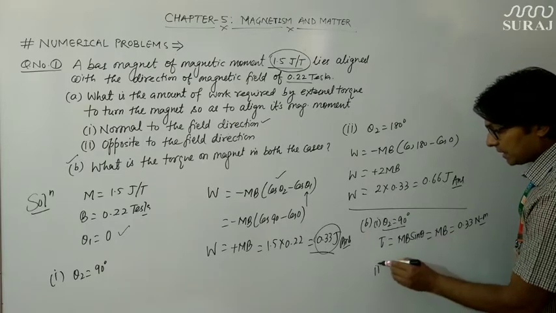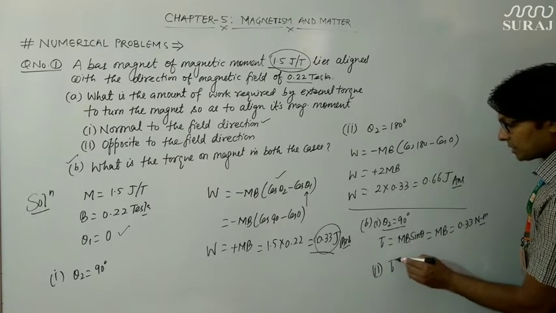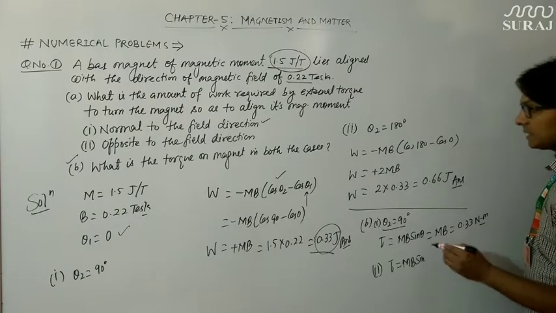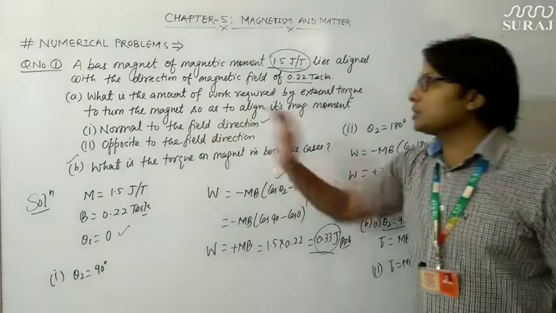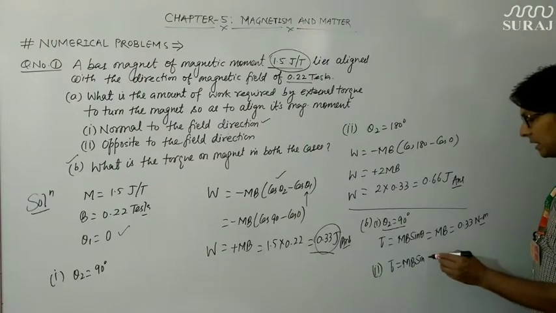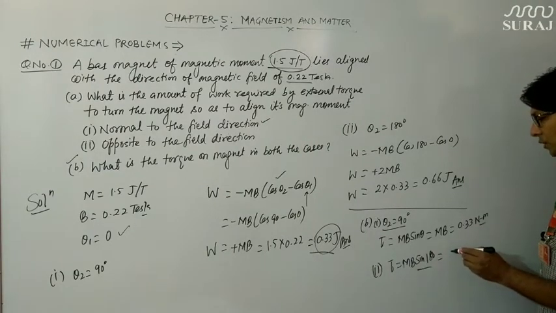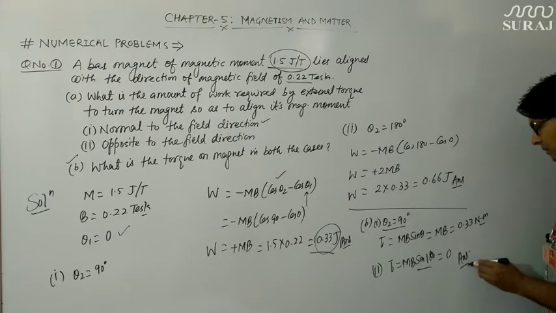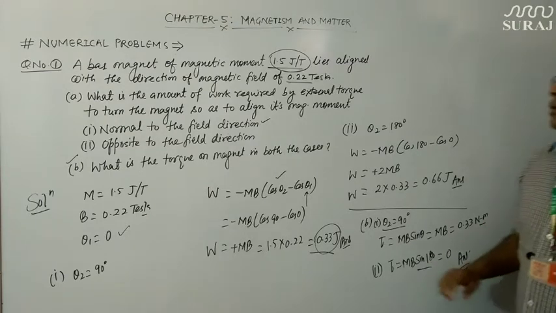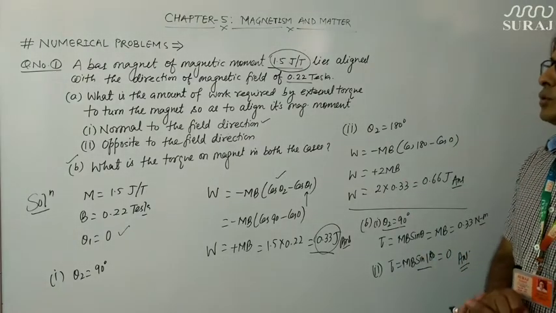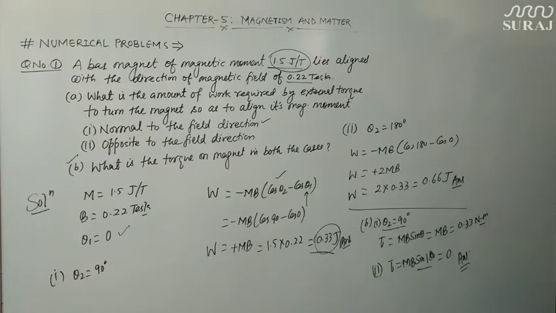In the second case, torque is equal to mB sine theta, and the second case is opposite to the field direction, meaning theta is equal to 180 degree, and the value of sine 180 is 0, therefore torque will be 0. So these are the answers of question number 1. Let us move towards the next question.